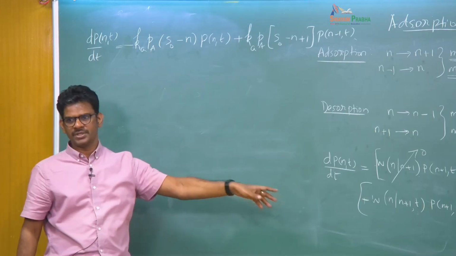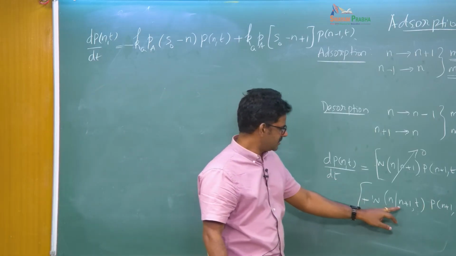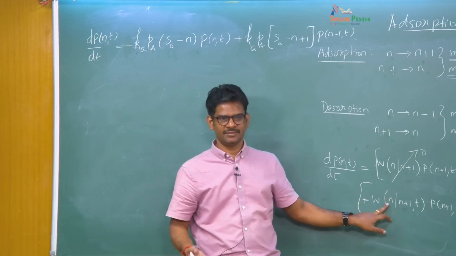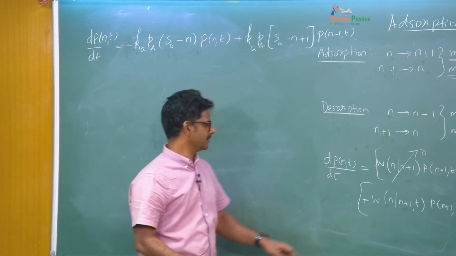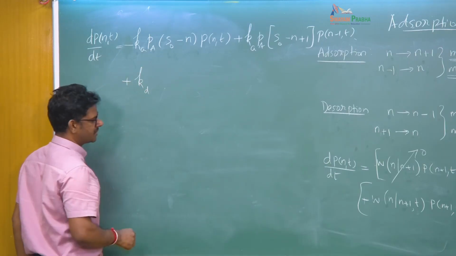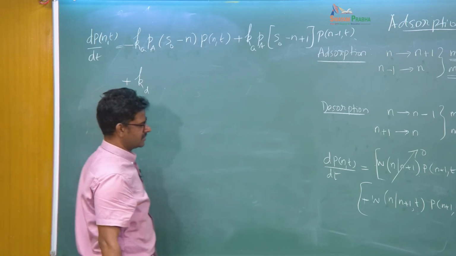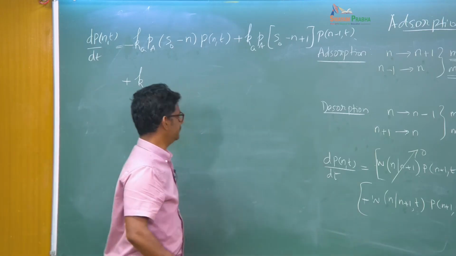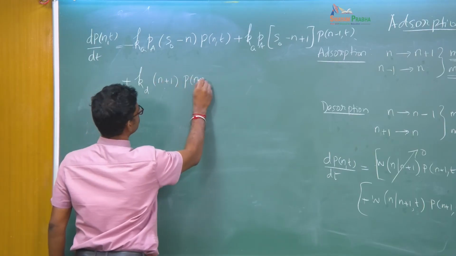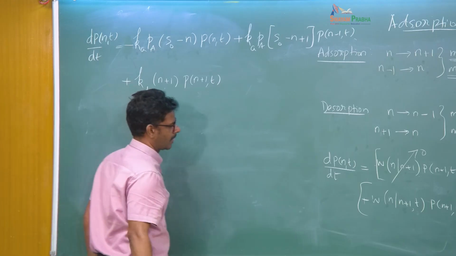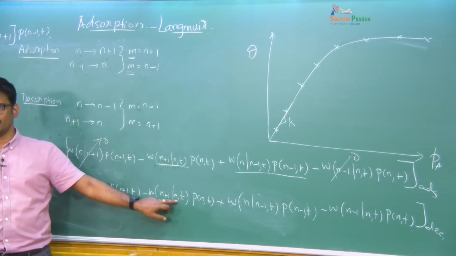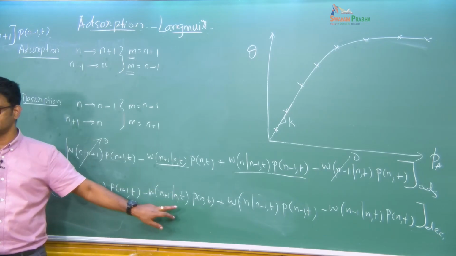We are asking the same question about desorption. Here the state is at n plus 1, a desorption happens and you want to go to state n. Permissible? Yeah. Okay, so here we have Kd, that is the desorption rate constant, times the number of occupied sites, that would be just n plus 1. What about this? You are at n, you are going to n plus 1 by desorption. Is it possible?